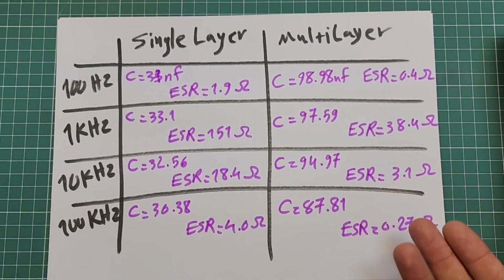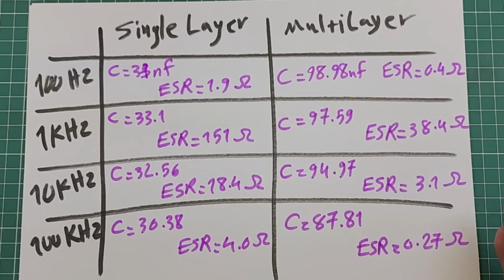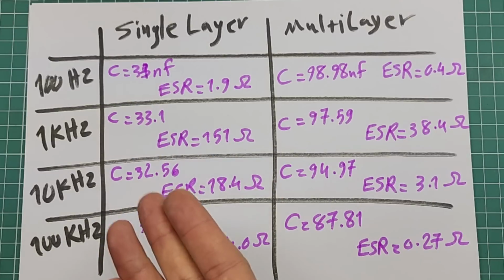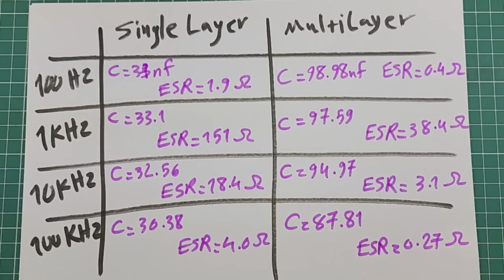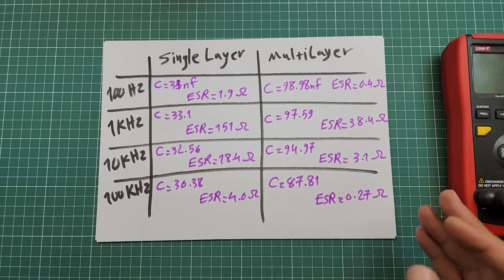As you can see, the capacitance value of the multi-layered ceramic capacitor is almost equal to the desired value of 100 nanofarad, while the capacitance of the single-layered ceramic capacitor contains a huge error. This means that multi-layered ceramic capacitors have higher precision and are more accurate.